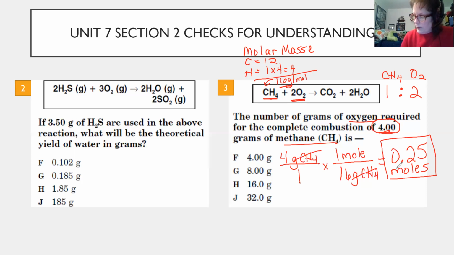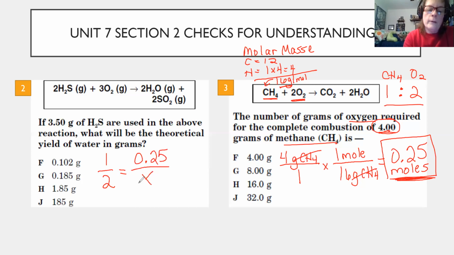So now we've got to figure out how many moles of oxygen is needed. All right, let's look at our ratios. We said we had a 1 to 2 ratio. So that's 1 over 2. And we know that we have only 0.25 right now of the methane.